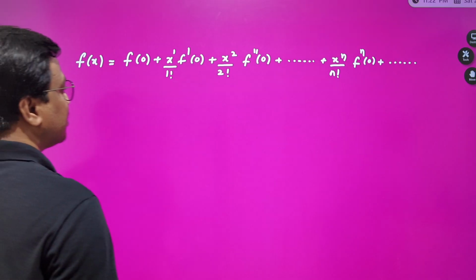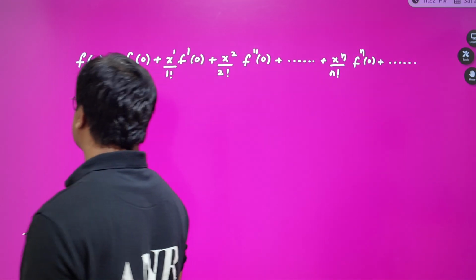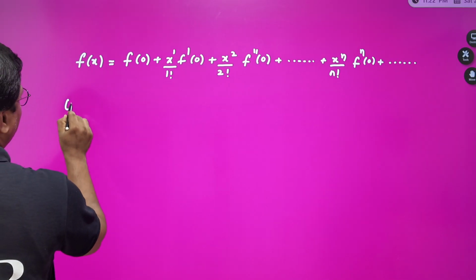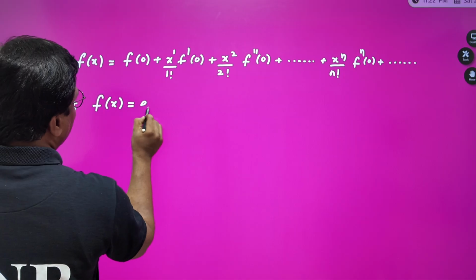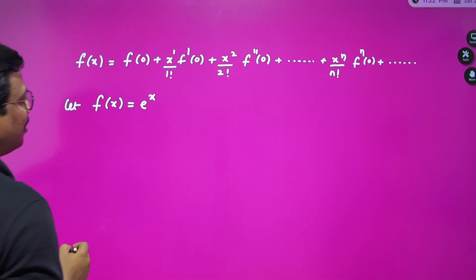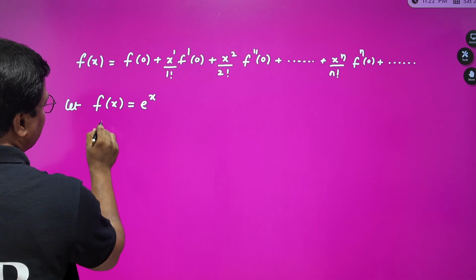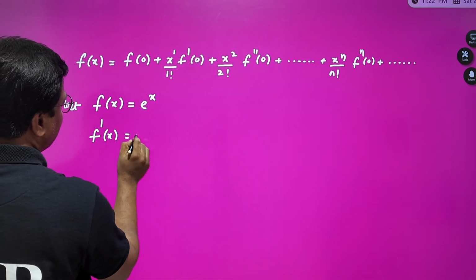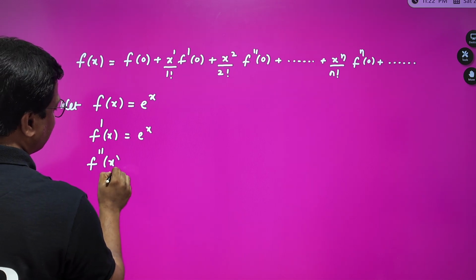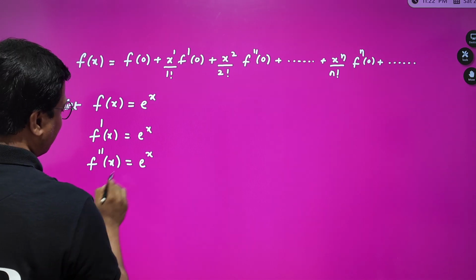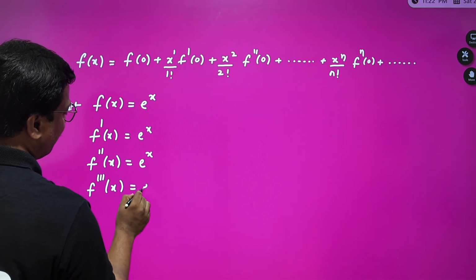Let us see the expansion of e power x first. Let us suppose f of x equal to e power x. We need all the derivatives. F dash of x is again e power x, f double dash of x is again e power x, and the third derivative is also e power x.